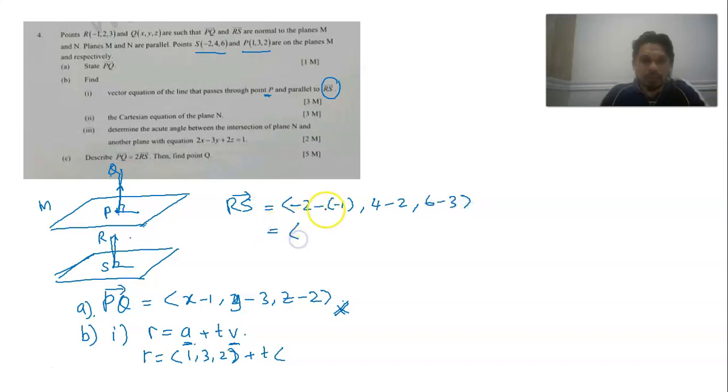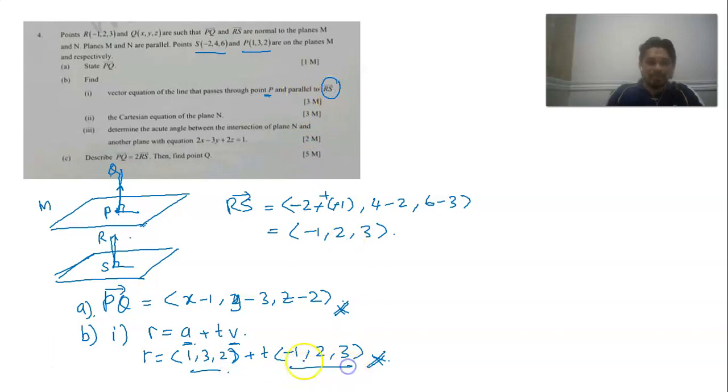So then, negative negative comes positive, negative 2 plus 1 is negative 1, 4 minus 2, and 6 minus 3. Okay, so then use (-1, 2, 3). So this is the vector equation of the line passing through point P and parallel to RS, and this is the scalar t. There you go.